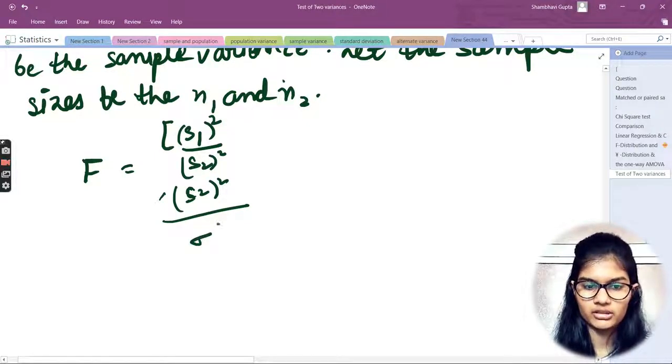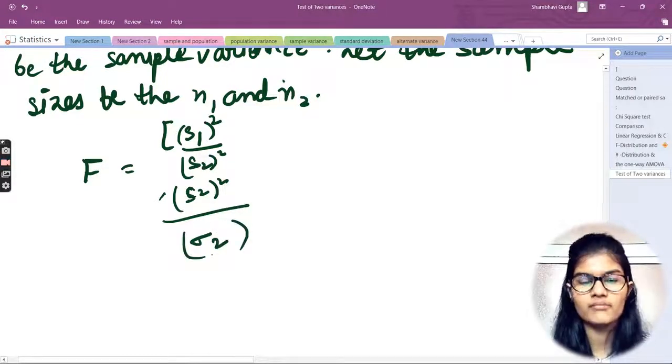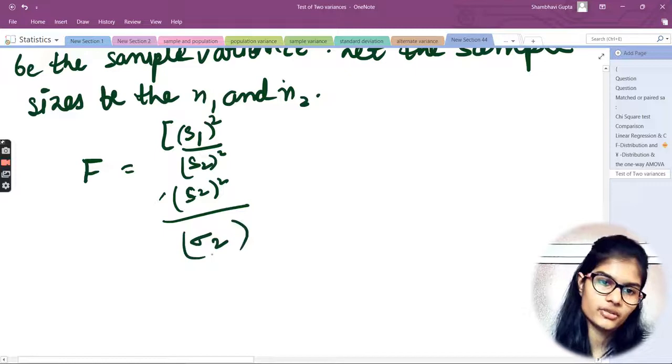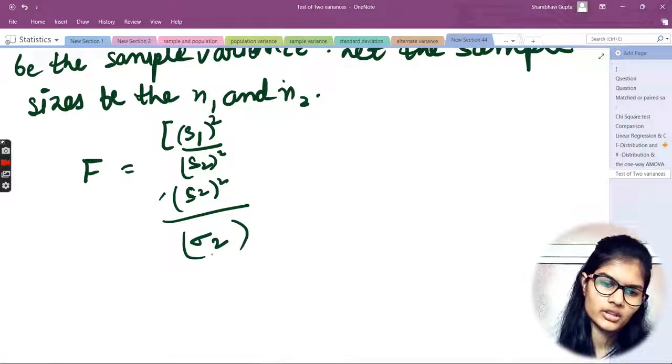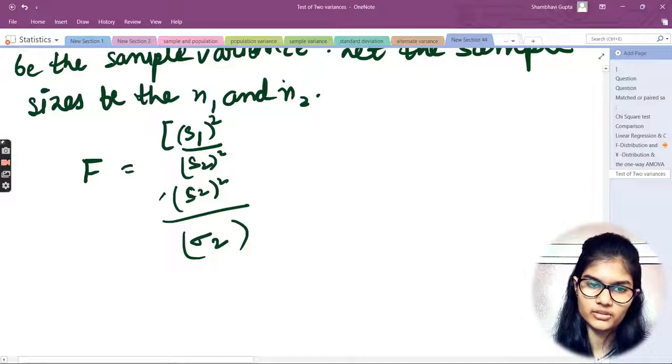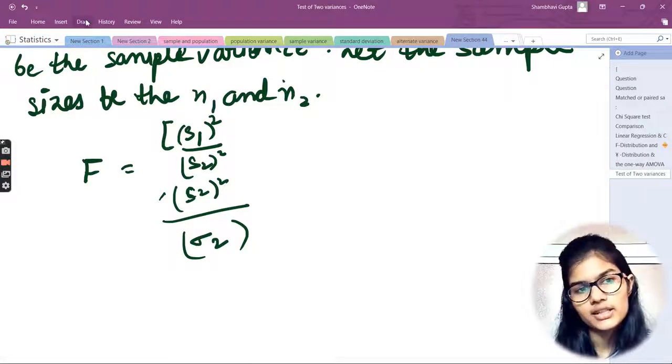And here it's sigma 1. So here sigma 2, fine. So this is the particular formula that we have: S1 upon sigma 1 and S2 upon sigma 2. Let me now clear out the complete formula and write that out again.